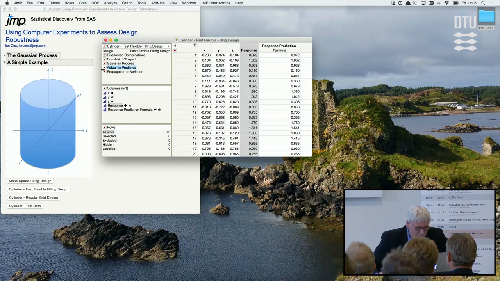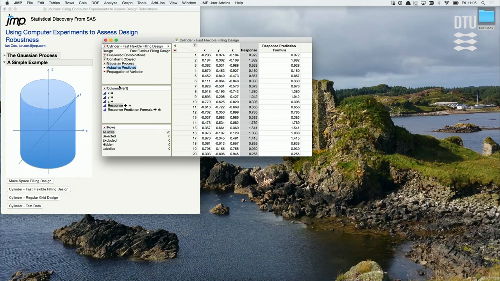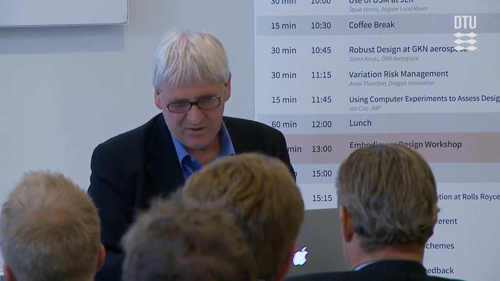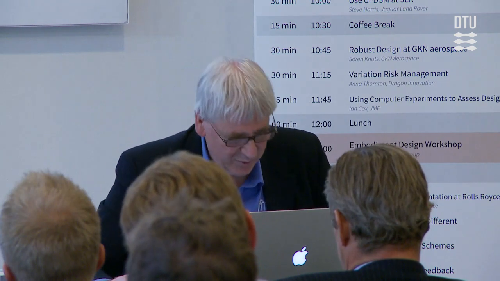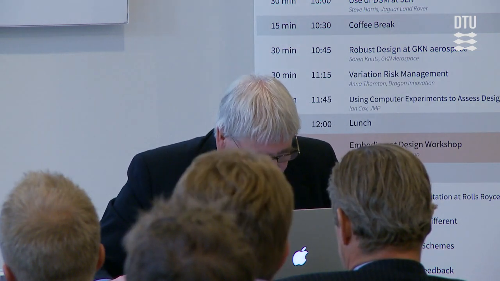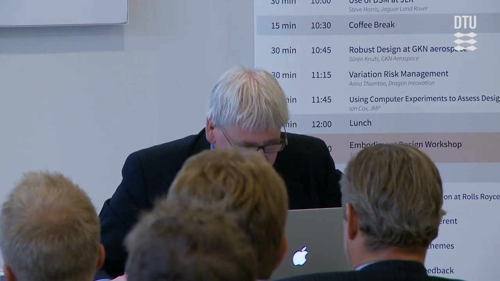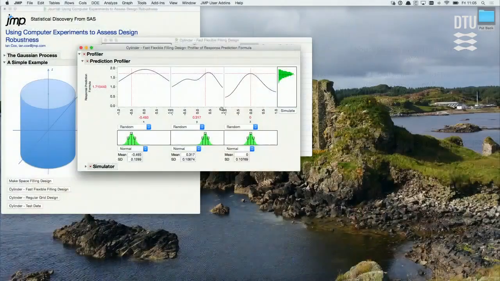But just to close the loop on the robust design thing, because that was mentioned in the abstract at least, let's suppose we actually believe the surrogate function that we just constructed. The next question might be, well, let's consider issues of sensitivity and robustness. And I just want to point out that we have a nice way to do that. Again, we can find a point in the three-dimensional factor space.